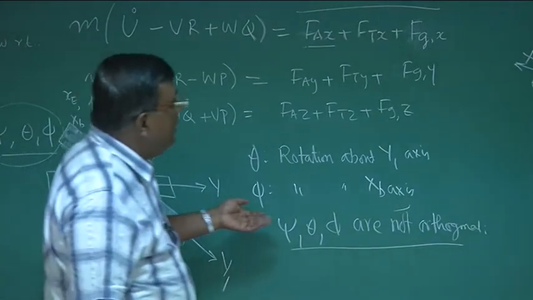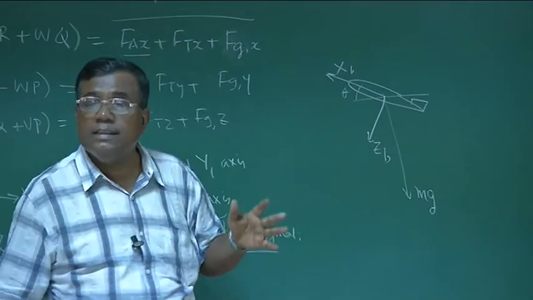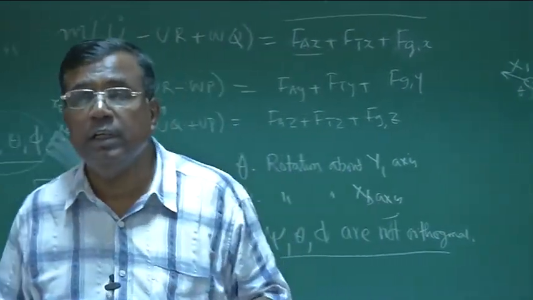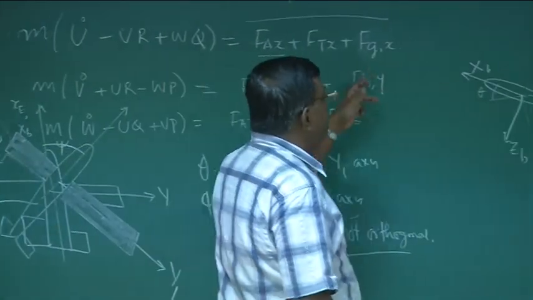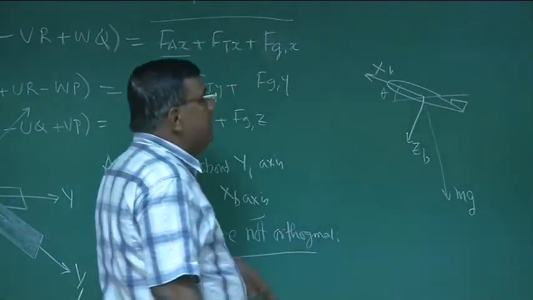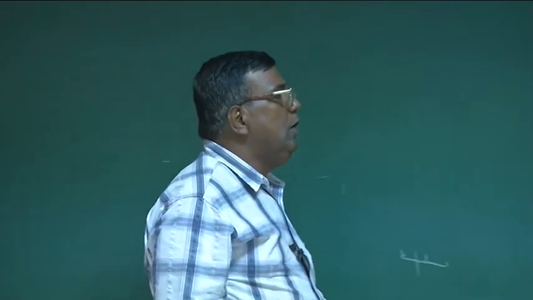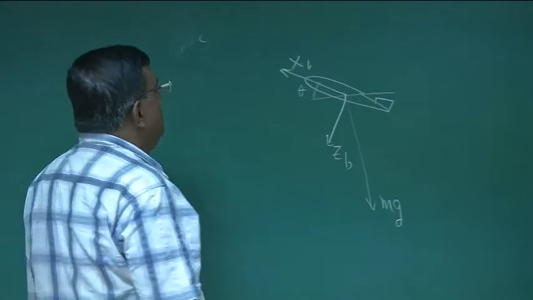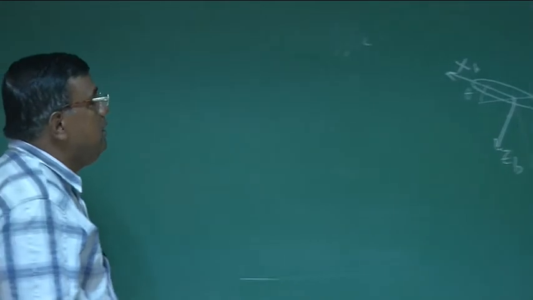Because I need to find the orientation of this airplane so that I can get the angle of attack, etc. Orientation is important, right? And if I want to get the forces, I need to know the orientation so that I can get the components of forces. We need to know the orientation of the airplane because we want to find the forces along the local body fixed axis system.